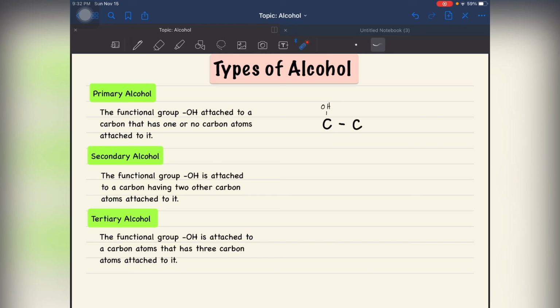According to its definition, the functional group OH is attached to a carbon having 2 other carbon atoms attached to it. So, ibig sabihin, hindi lang iisang carbon atom yung naka-attach sa kanya na kung saan nakakonect yung functional group natin na OH. For example, ito.